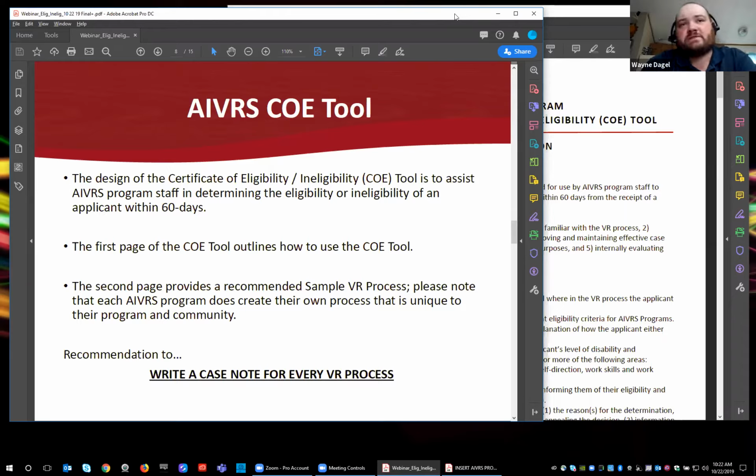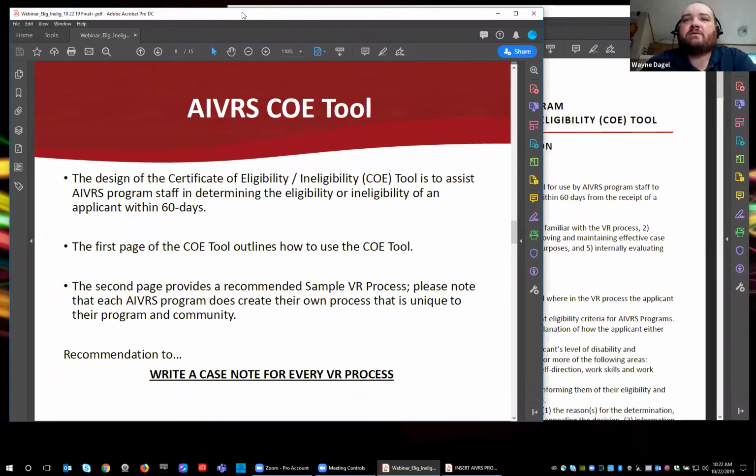On the first page of this tool, we just give you a basic outline of how to use the tool. The second page provides a recommended sample VR process. And again, each AIVRS program creates their own process that is unique to their program and community. One thing that we do make a recommendation is, in every step of the VR process, we document it.